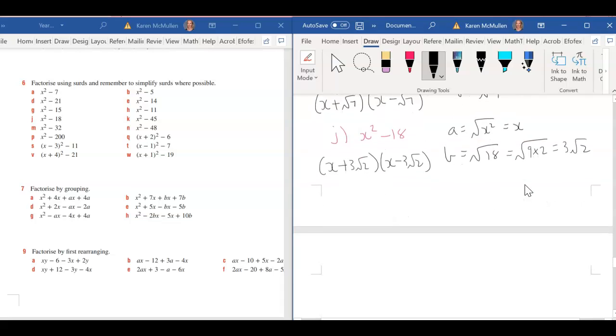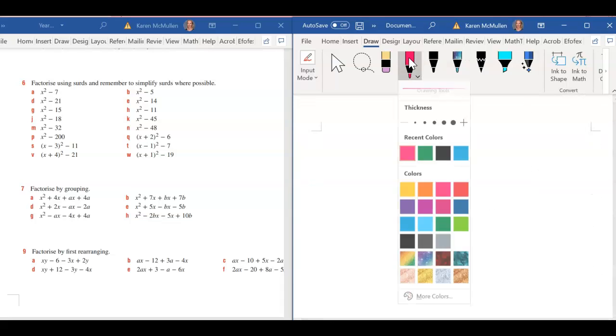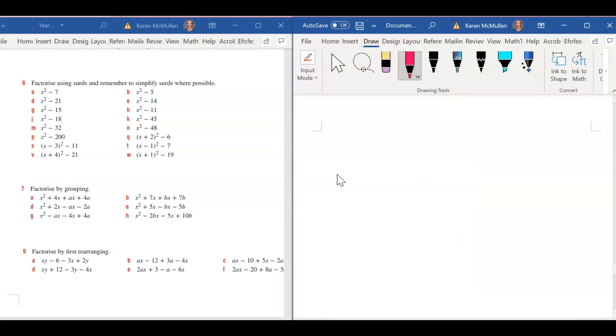All right, let's do a harder one again. So let's do n. X squared minus 48. So a is the square root of your first term, so it's just x, and b is the square root of your second term.